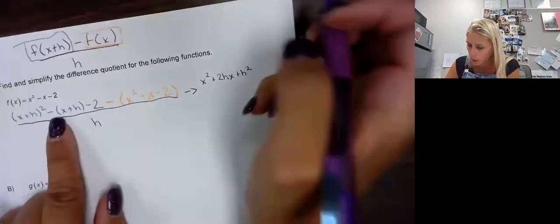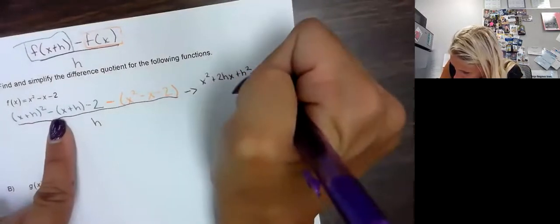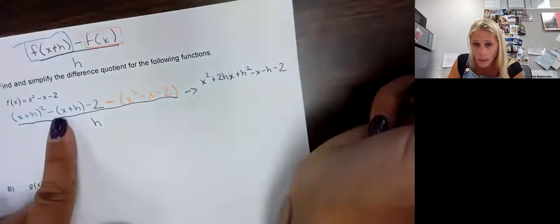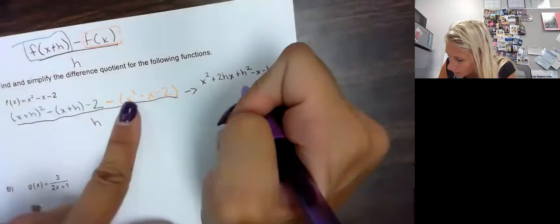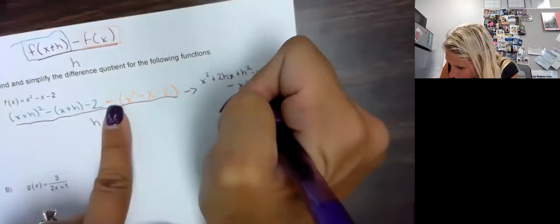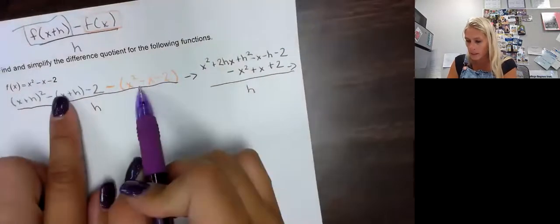Now I'm going to distribute the negative out, so you get negative x minus h minus 2. And of course, I'm running out of room, so be careful. I'm going to distribute this negative out: negative x squared plus x plus 2, all over our h. Okay, so I FOILed and distributed the negatives out there.